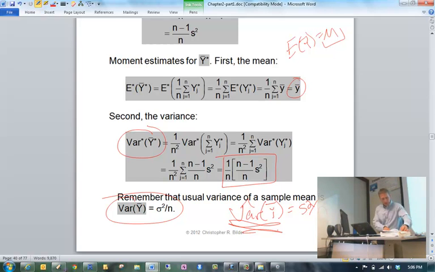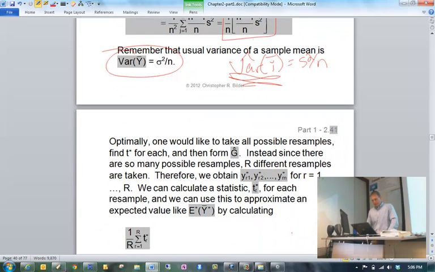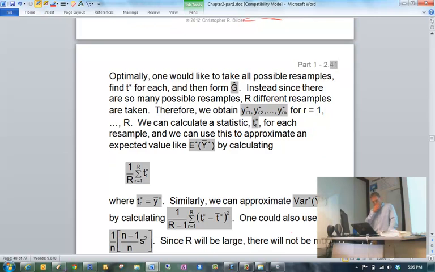Okay, that takes us to page 41. So what I've just shown you are the exact expected values and variances from the nonparametric bootstrap for specific quantities. Again, in actual application, you're not going to have as simple of statistics to work with, to actually find it, generally speaking.